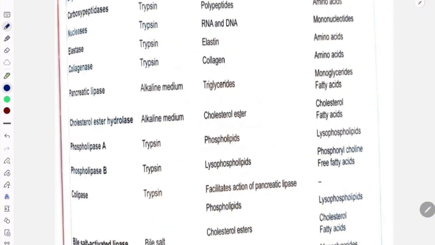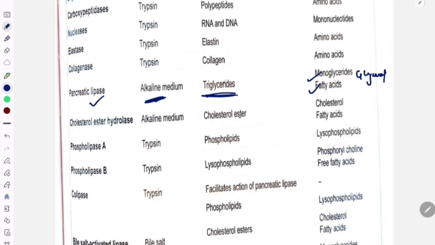Now coming to the lipolytic enzymes of the pancreatic juice, the most important lipolytic enzyme is pancreatic lipase, which majorly carries out the lipolysis of major lipids. What are those? Triglycerides. It converts the triglycerides into monoglycerides and fatty acid, that is glycerol and fatty acid to be precise. The activator is the alkaline medium.